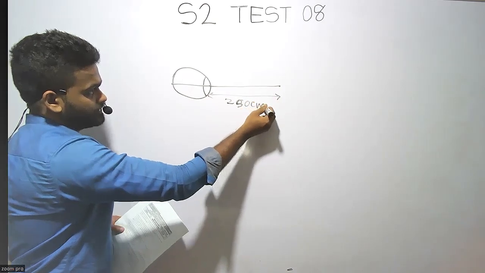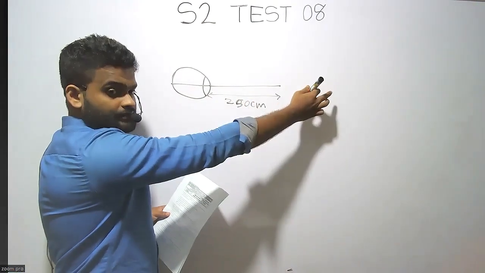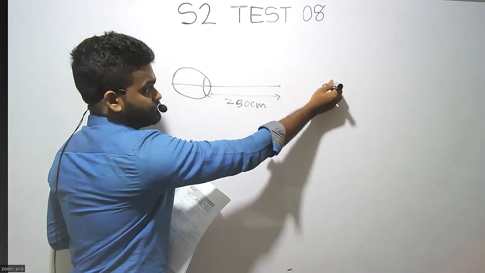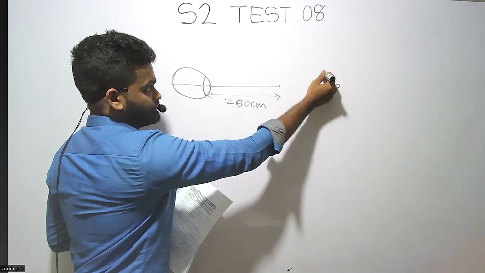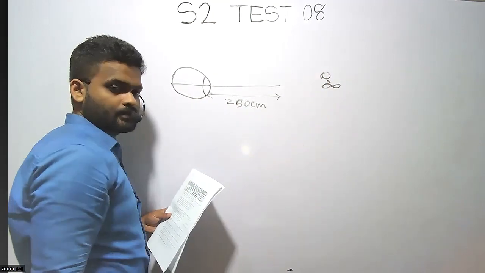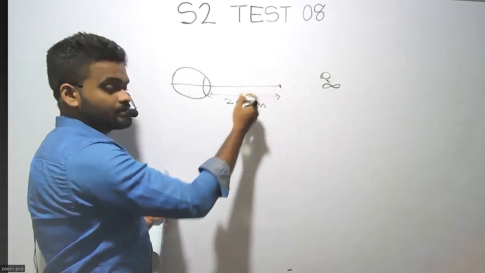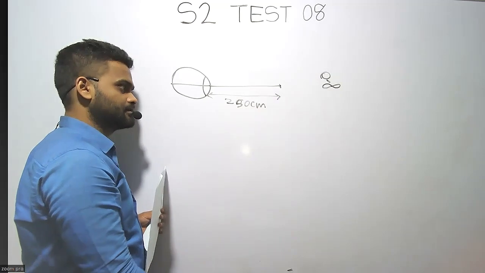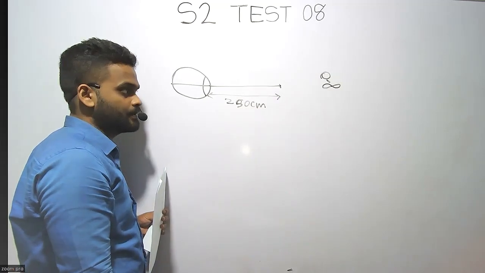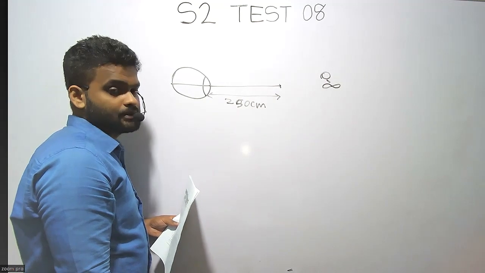So the problem is he needs to see objects beyond that, right? He needs to see objects at infinity. But he can only see objects at the maximum length, 250 centimeters. It is about 2.5 meters, right? So what they ask is the lens that should be used.